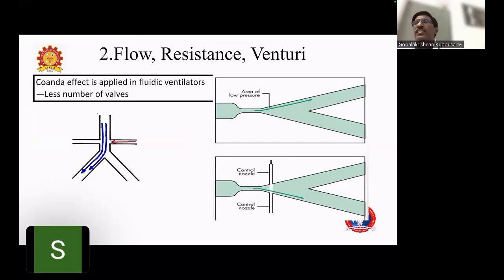So you see in this diagram, we have a jet that pushes the flow in one direction. There is a low pressure area, and at the bifurcation the Coanda effect occurs, which decides which direction the flow should go.